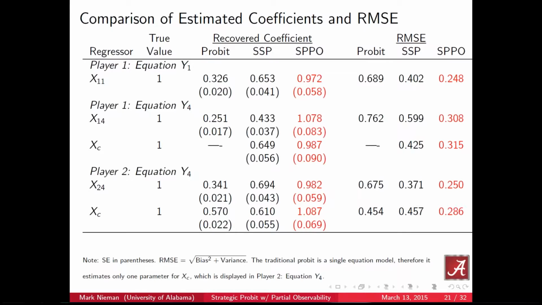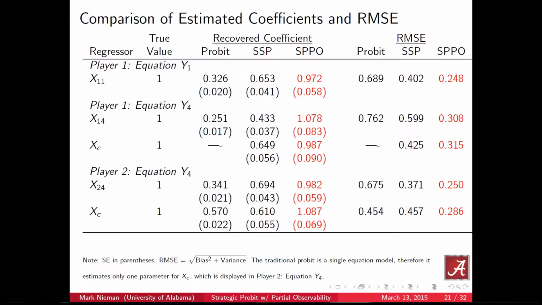More quantitatively, we can look at the recovered coefficients of the models and compare them also to the root mean squared error. We see that in this case, the true value of the coefficient is going to be 1. So I report the probit, the split sample probit, and the strategic probit. The strategic probit is in red so that you can see that it is always closest to 1.